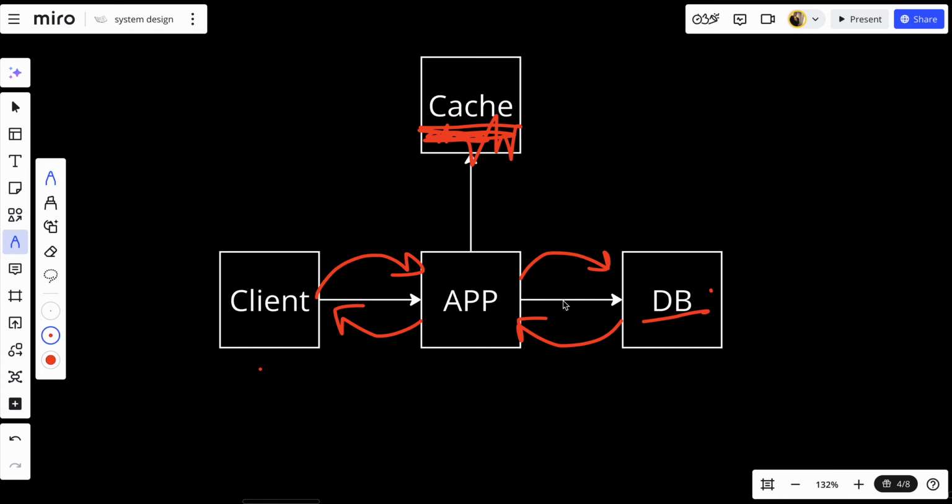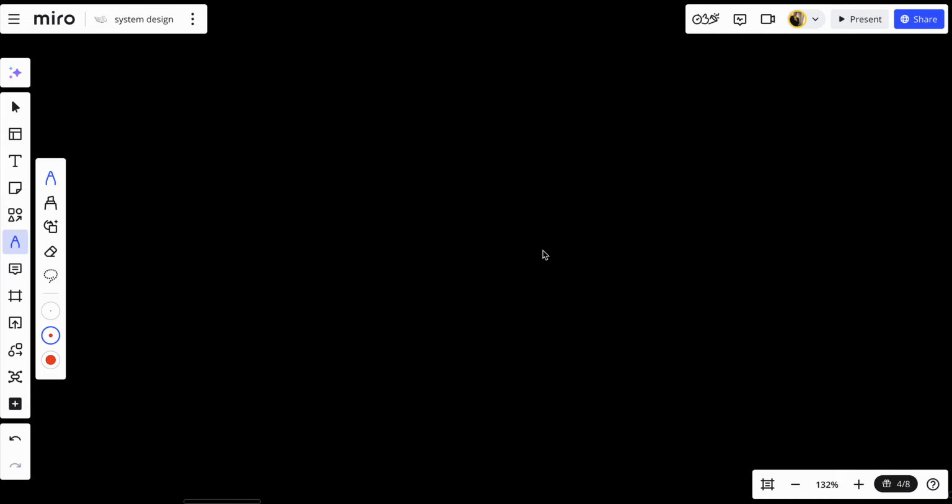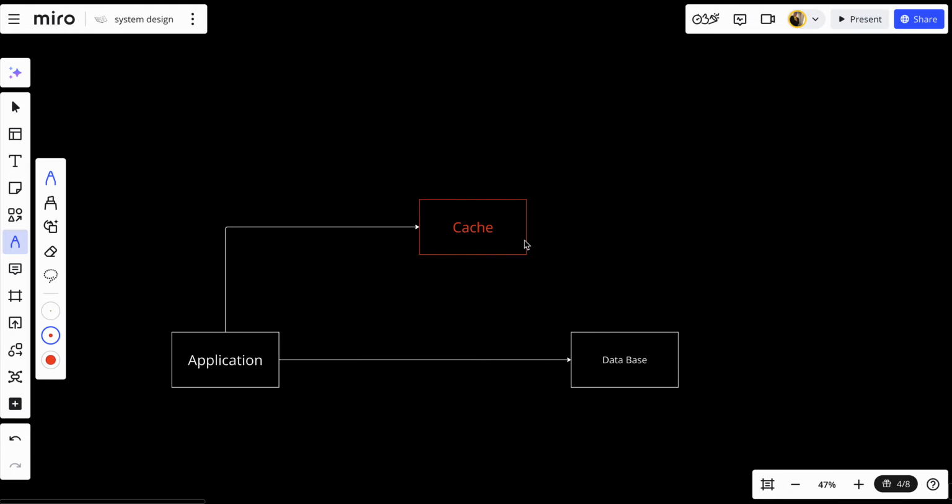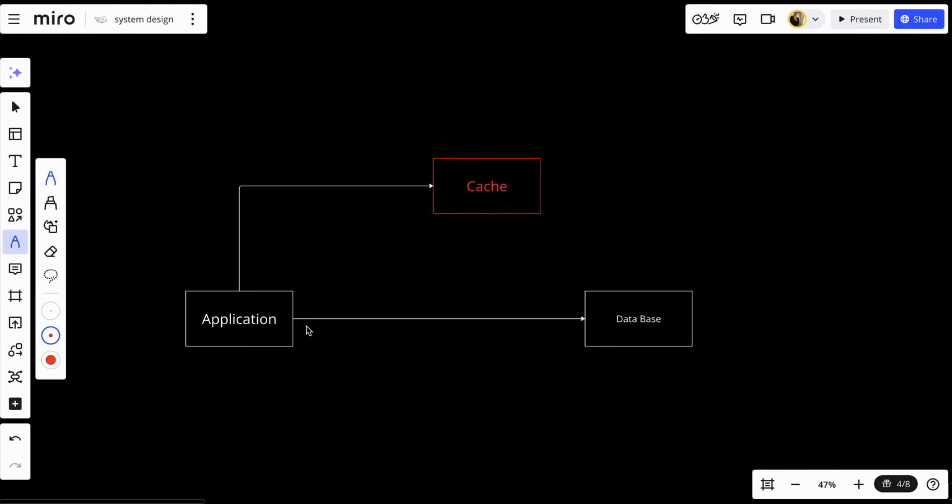However, the effectiveness of caching depends largely on the strategy you choose, which in turn depends on your data access patterns, whether your system is read heavy, write heavy, or a mix of both. So let's start by talking about some strategies, and let's start with cache aside.